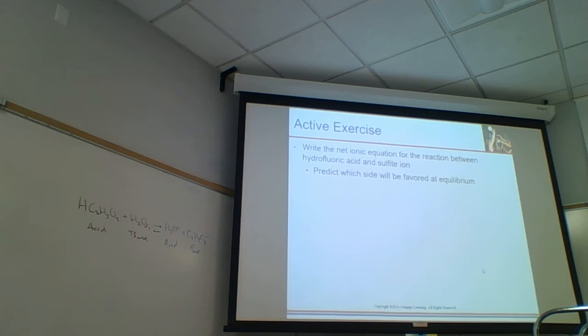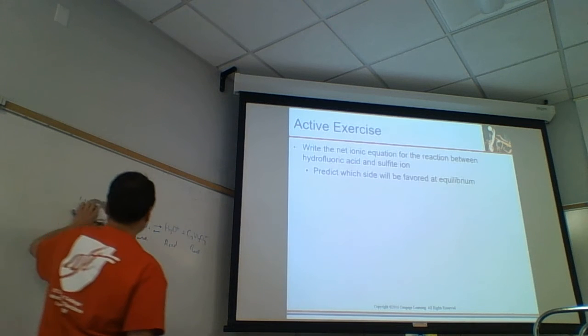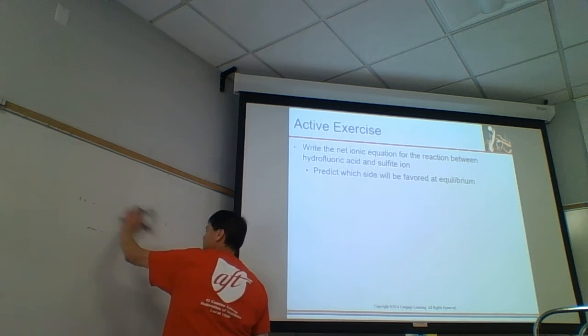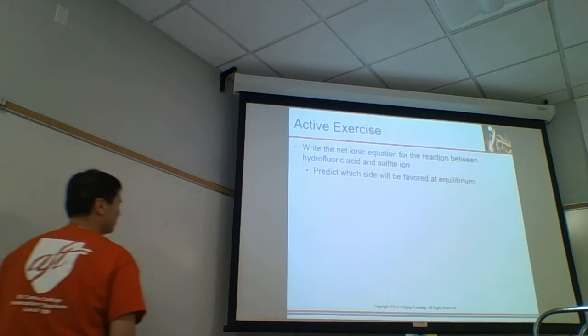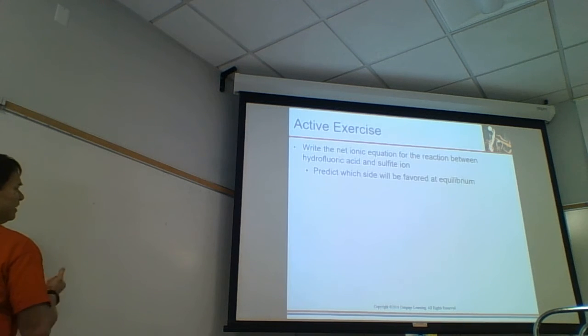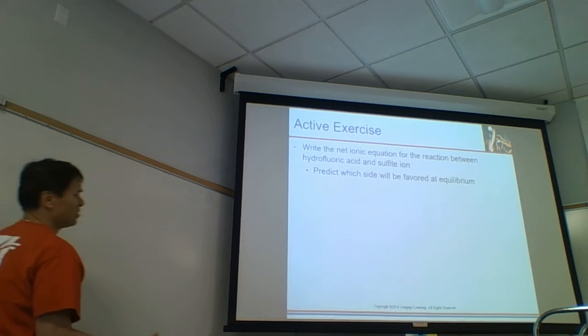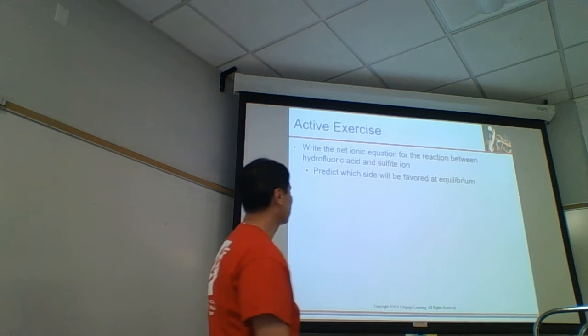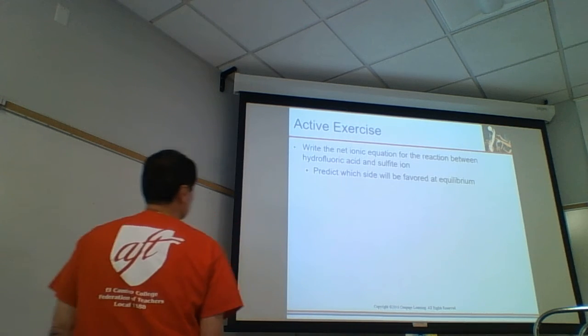Hydrofluoric acid and sulfite ion. So this is not a complete equation. This is kind of a mix of net ionic, complete, and whatever. So we aren't just going to have a ball of sulfite ions. We have to have some other spectator ions present to neutralize that charge.